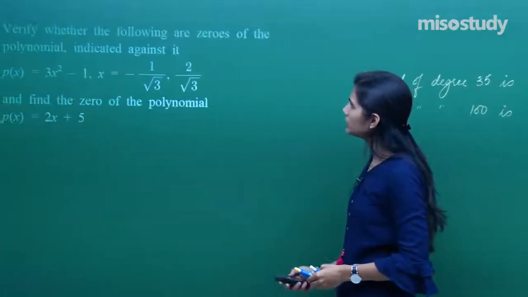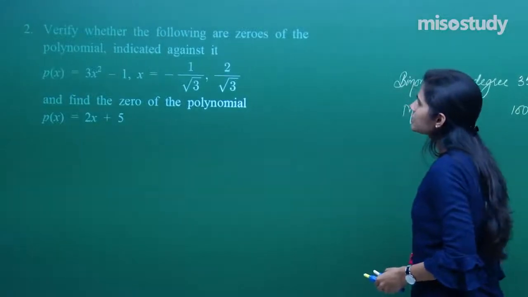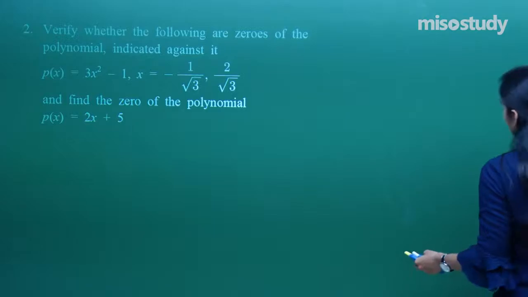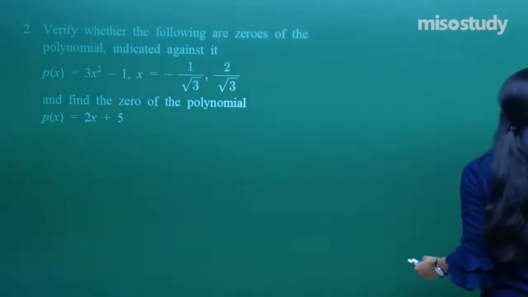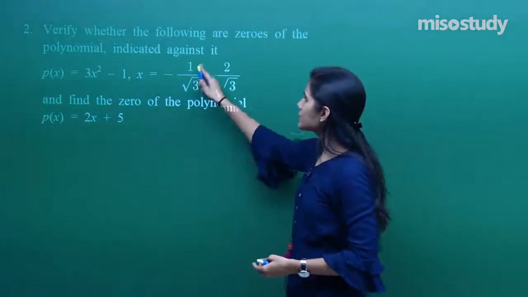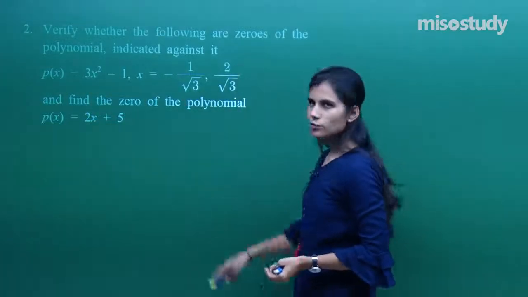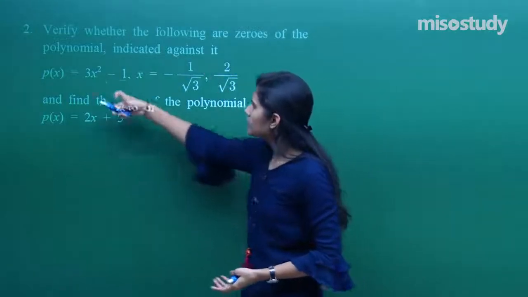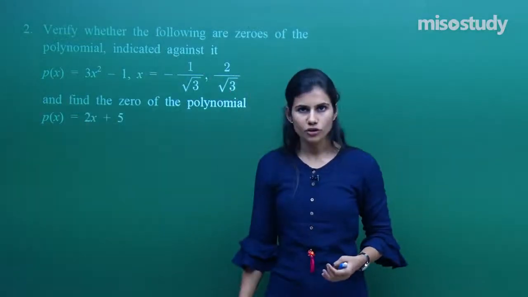Moving to the next one, verify whether the following are zeros of this polynomial indicated against it. So let's see. They are suggesting us these two values, x equals minus 1 by root 3 and x equals 2 by root 3, and they are asking us whether these values are zeros of this polynomial p(x) or not.